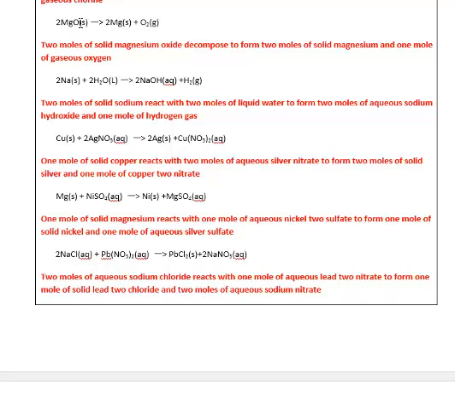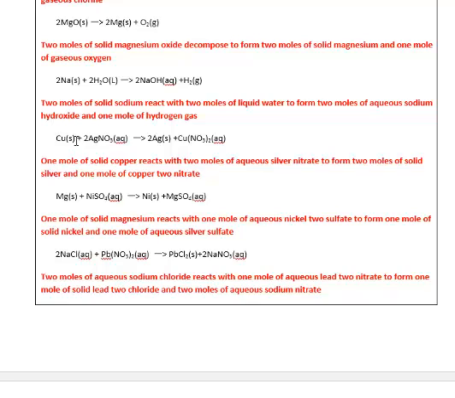Okay, 2 moles of solid magnesium oxide decompose to form 2 moles of solid magnesium plus 1 mole of gaseous oxygen. 2 moles of solid sodium react with 2 moles of liquid water to form 2 moles of aqueous sodium hydroxide plus 1 mole of gaseous hydrogen.